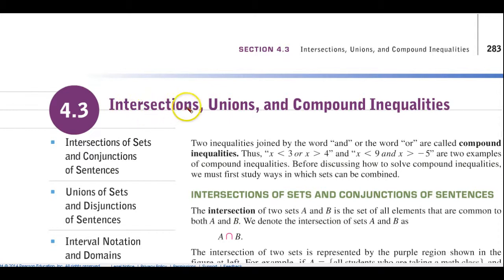Now, in mathematics, which is what we're in, when they speak of intersections, a key word is the word "and." And the symbol for intersections is an upside down U, in a sense, that looks like so.